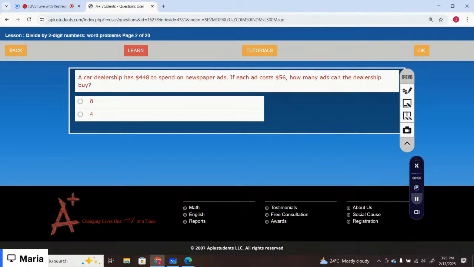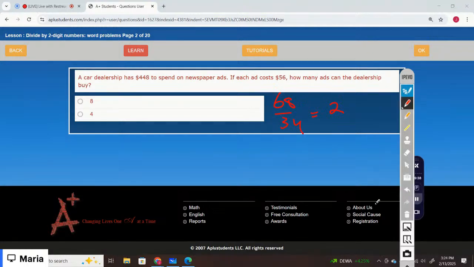If each ad costs $56, how many ads can the dealership buy? You have to divide 448 by 56.